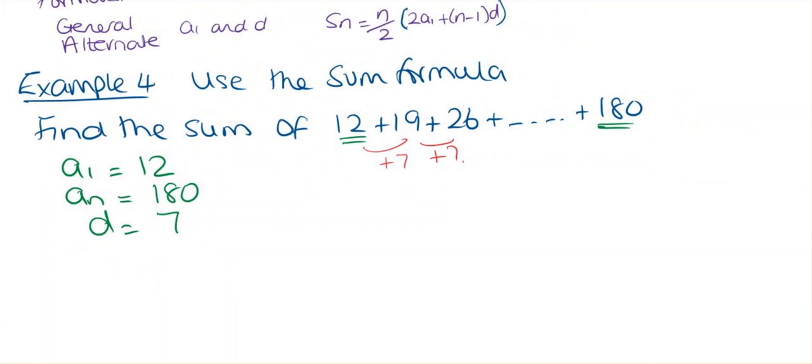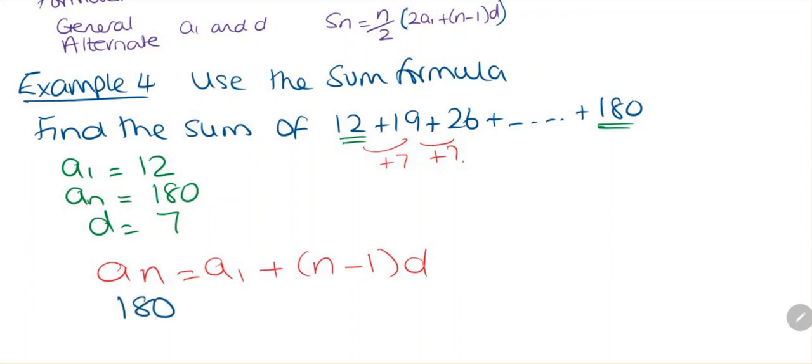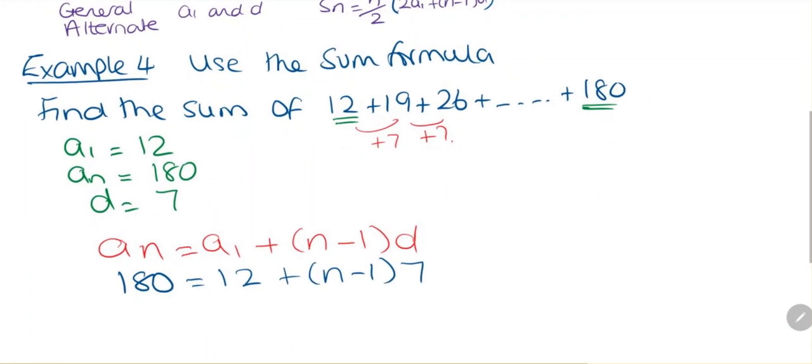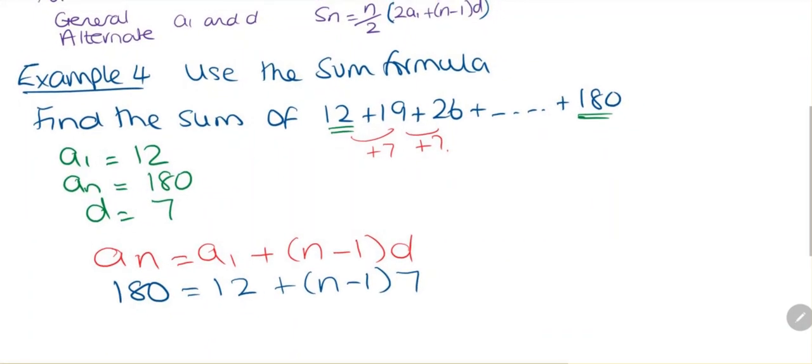First of all, we're going to use our nth term formula so we can find n. An equals A1 plus n minus 1 multiplied by d. We know the last term is 180, the first is 12, and the common difference is 7.